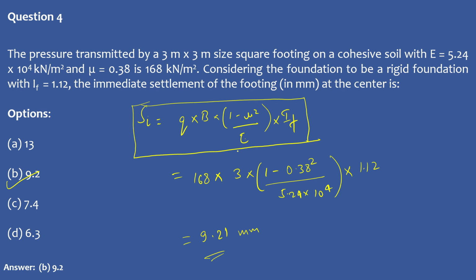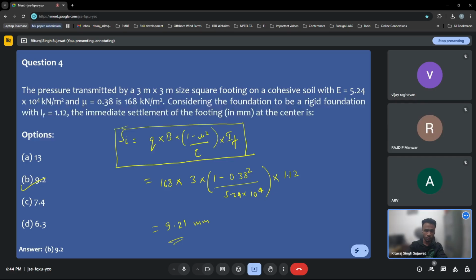We basically assume that whatever immediate settlement is happening is due to elastic settlement, and in the elastic range Hooke's law is applicable, which is why you can utilize this relation to calculate the immediate settlement. So SI is given by q into B into 1 minus mu square divided by E into IF. So that was about your question number 4.